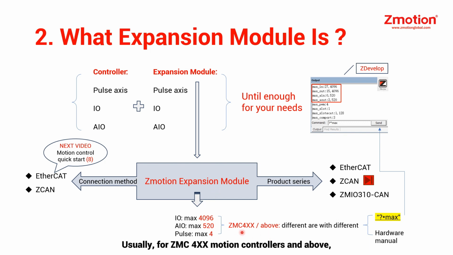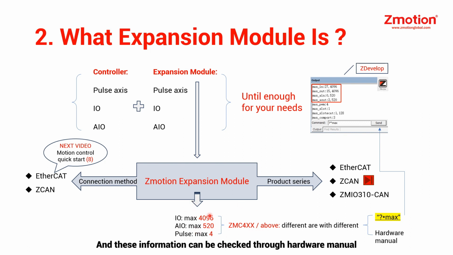Then, how many resources they can expand? Usually for ZMC4 series motion controllers and above, 4,096 digital inputs and outputs, 520 analog inputs and outputs can be achieved. For Z CAN bus expansion modules, for pulse access can be extended at most. If it is still not enough, please select controller with more pulse access, or use several modules, but it is not recommended.